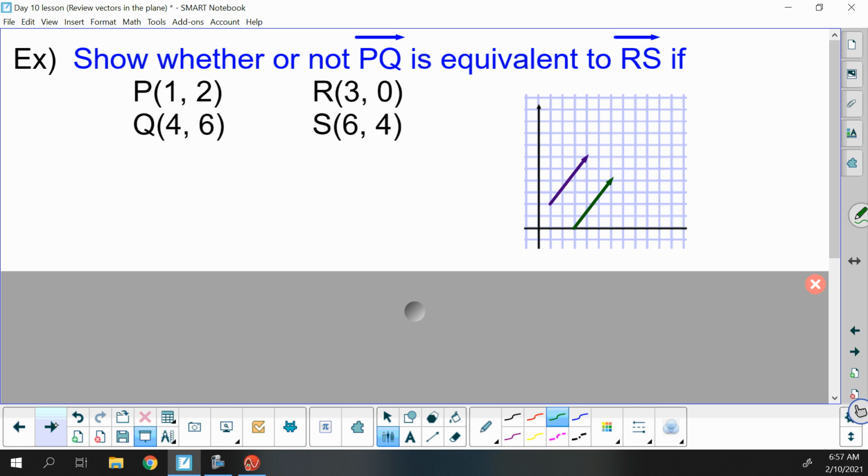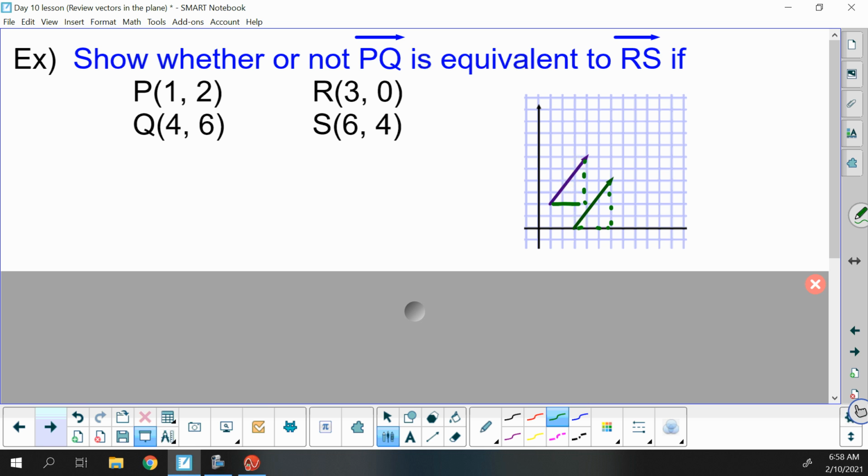So if we wanted to show whether these are equivalent or not, they're definitely going at the same slope if we did our up and over. So we would just have to check and see if they had the same magnitude. Well, to do that, we're basically just doing a Pythagorean theorem.